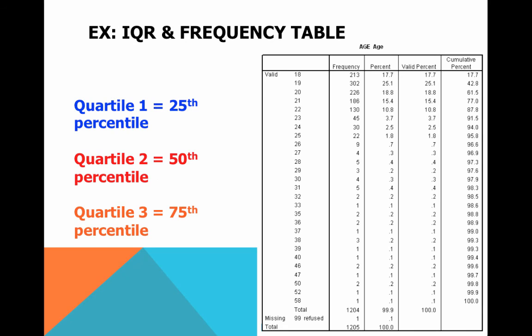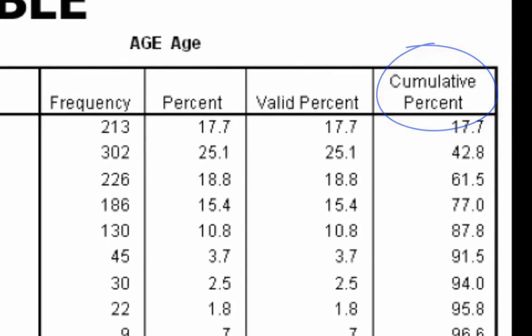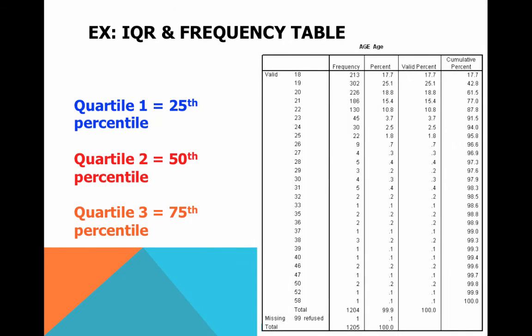Finding the interquartile range in a frequency table. So do you remember what column we should be looking at for frequency tables in trying to determine the percentiles? Hopefully you said the cumulative percent column. And really, we're going to do the same thing like we did when we were trying to identify the median. We know that the median is which one?